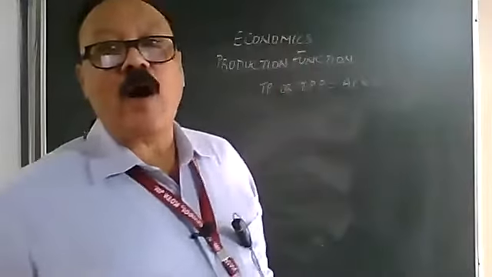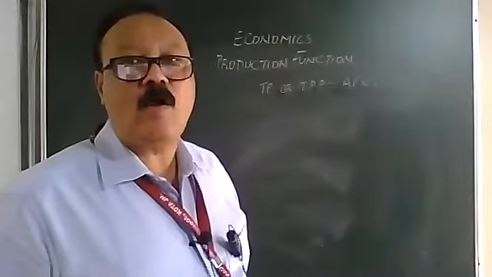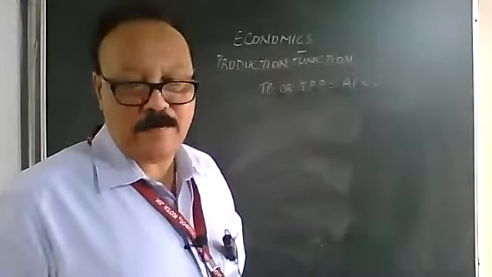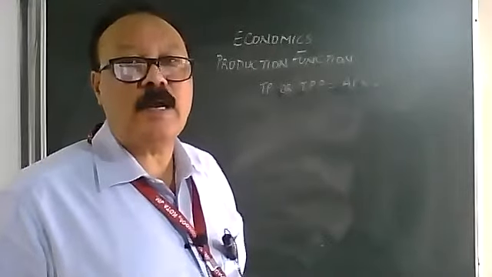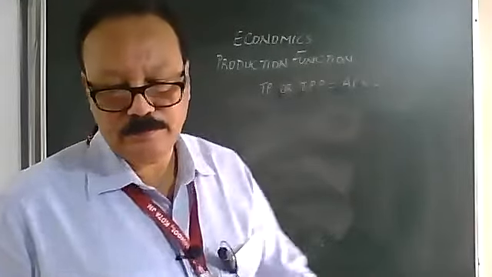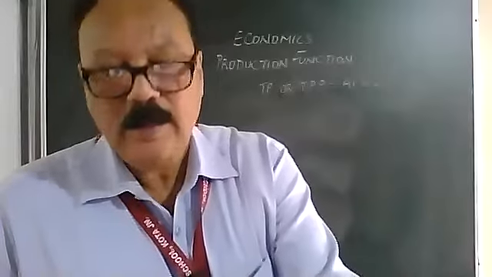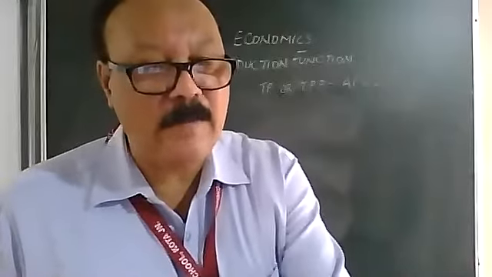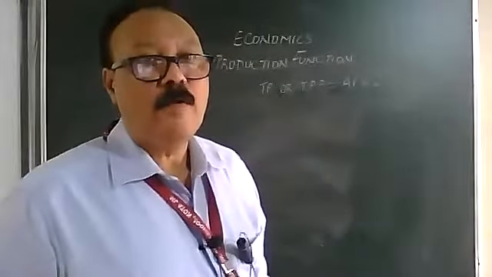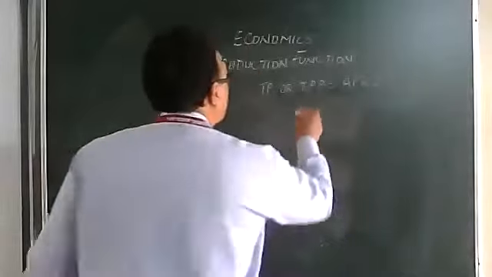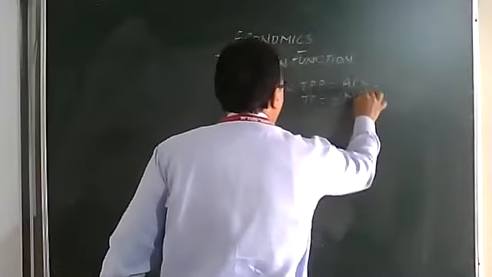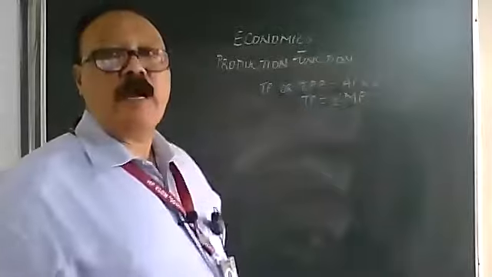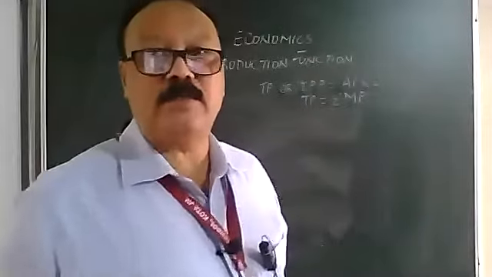In the context of MP, MP is marginal product. TP is the summation of marginal product. So here TP is equal to summation MP. Now all these will come handy while we are doing the numericals.